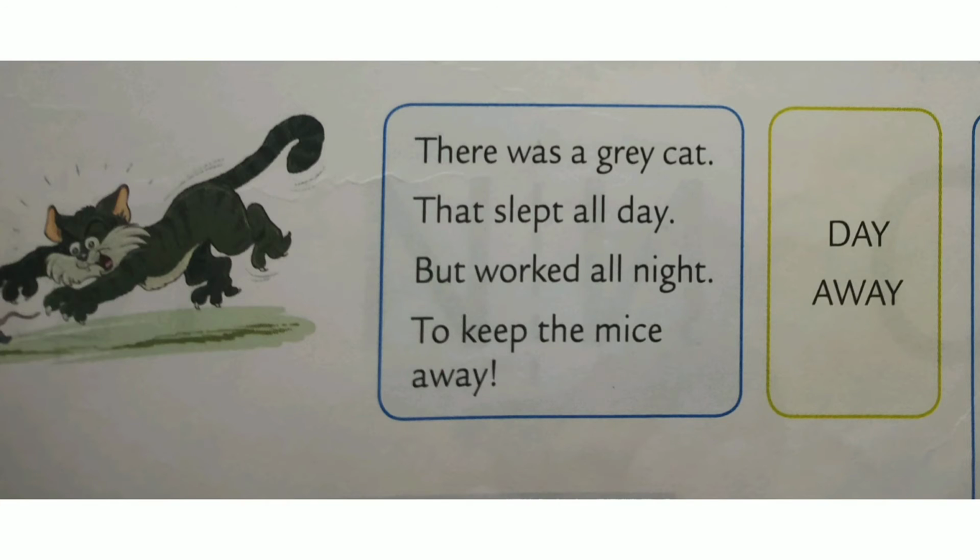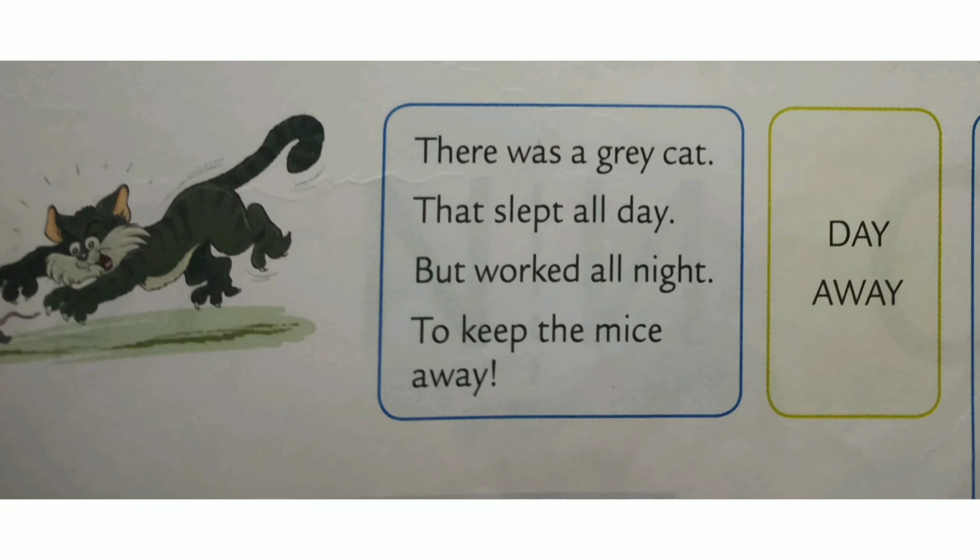Okay. Now next poem. There is a grey cat that slept all day but worked all night to keep the mice away. In this, we are getting the words day and away. The first and the third lines do not rhyme, but in the second and fourth lines we are getting rhyming words.